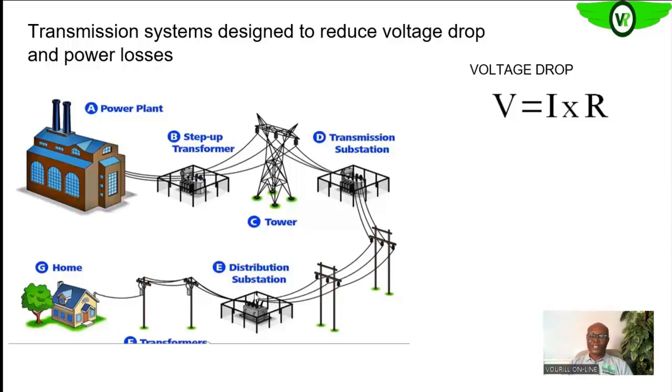So if you look at these transformers, you notice that their transformation ratio is fixed. So if your input is low, definitely the output from it will be low, okay? Which means if we are expecting 415 in our output, we may not have up to that 415 phase-to-phase.